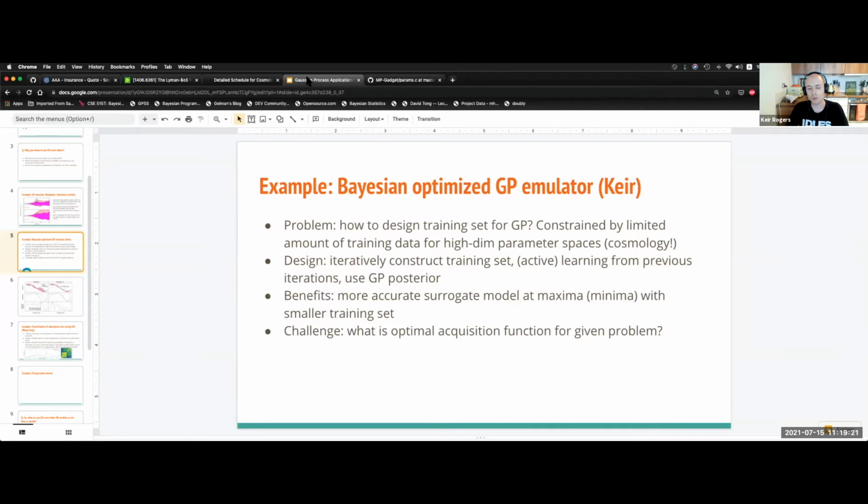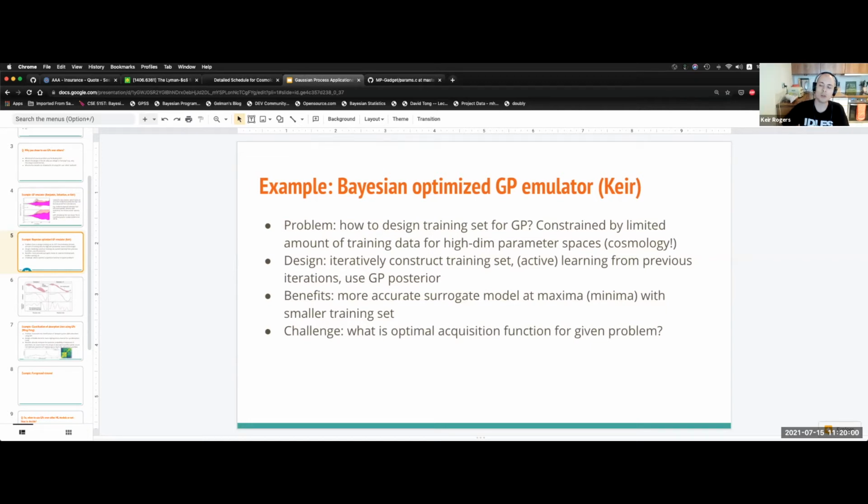So the idea here is that you give up the hope of a global accuracy threshold, and instead you want very accurate emulation in regions of parameter space that are important, i.e. that the data prefer. So you want lots of simulations at the peak of your posterior distribution and out into the tails as far as you care about, but you don't want lots of simulations in the highly excluded regions of parameter space.